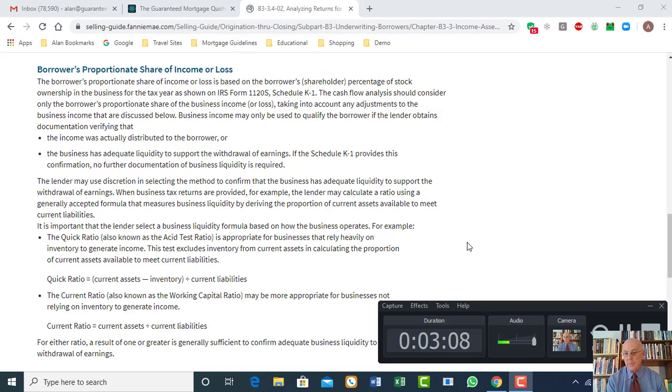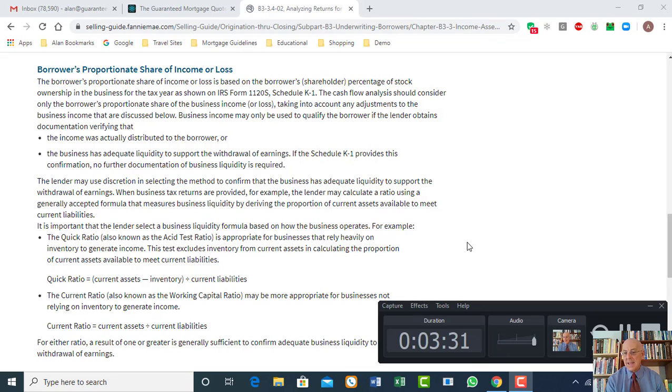But where the wrinkle comes in is that the feedback that we've gotten through many underwriters after speaking to Fannie Mae is that if the liquidity test is passed at the end of 2019, that is sufficient to count both the income for 2018 and 2019.